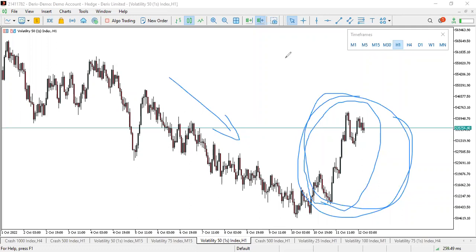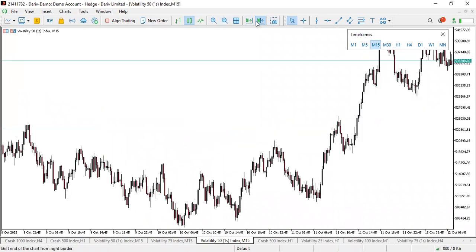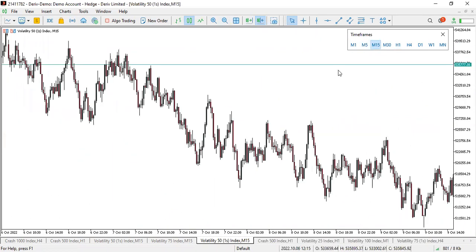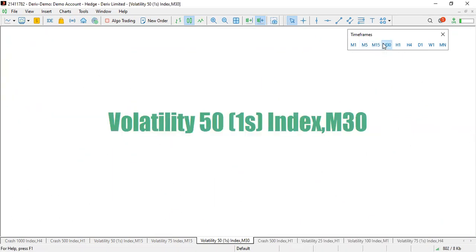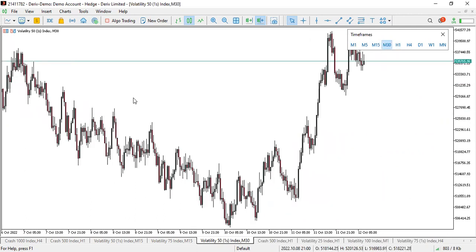Check this out. Again, now we are at the hourly chart. To decrease the level of losing and to be able to get entries on a lower time frame, go to 15 minutes. Okay, let's apply 30 minutes so that I can include a lot of levels.